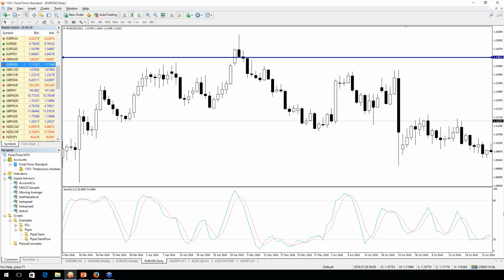Then where do you place your stop loss? If it's a bearish formation, meaning that you're going to sell, then your stop loss is at the highest price of the formation. And if you're buying, so it means that you have a bullish formation, then your stop loss is at the lowest price of the formation.